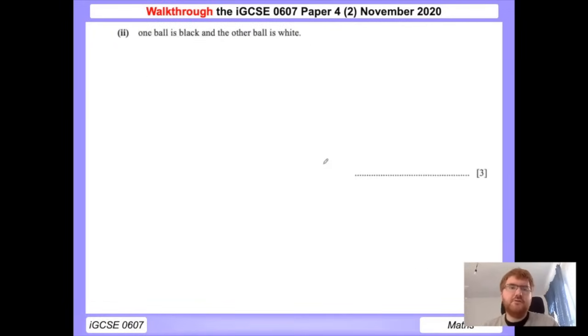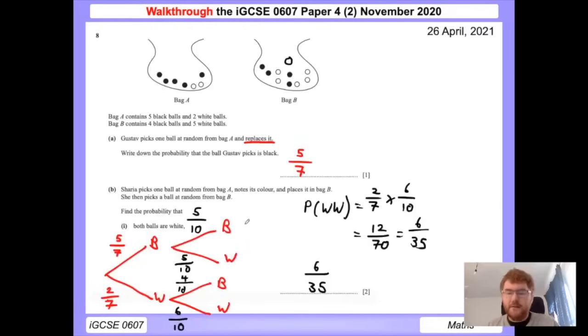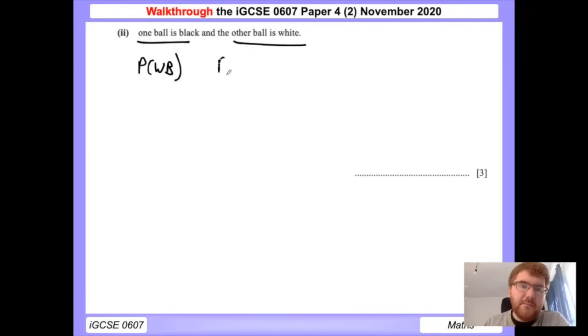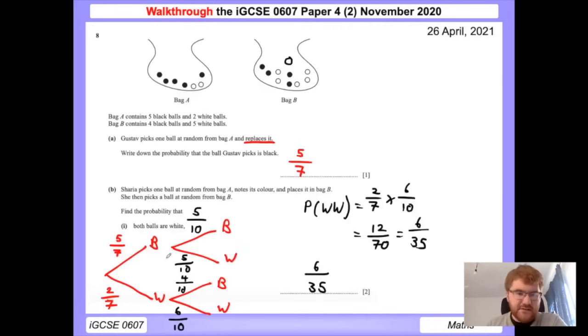Notice for the next question, one ball is black and the other ball is white. I've done a lot of the hard work here, okay? And it doesn't matter what order this is in, as far as I can tell. So one ball is black and the other ball is white. So we're looking for the probability of white-black and the probability of black-white, and then we take each probability and add them together. So let's work this out.